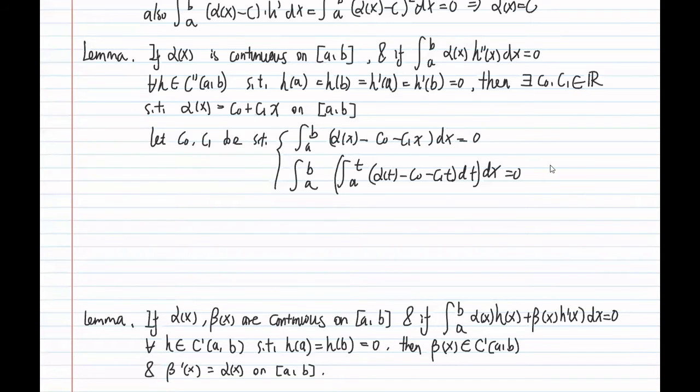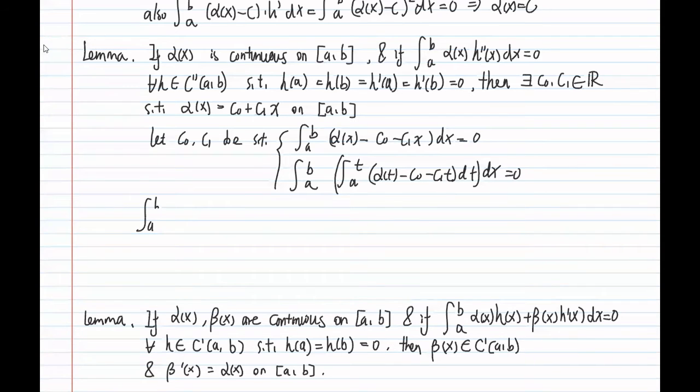That can always be arranged, right? You can always translate alpha to a positive interval, and then you can find C0 and C1 and prove this theorem. Once after finding C0 and C1, what do we do? We basically use the trick as in the last lemma.